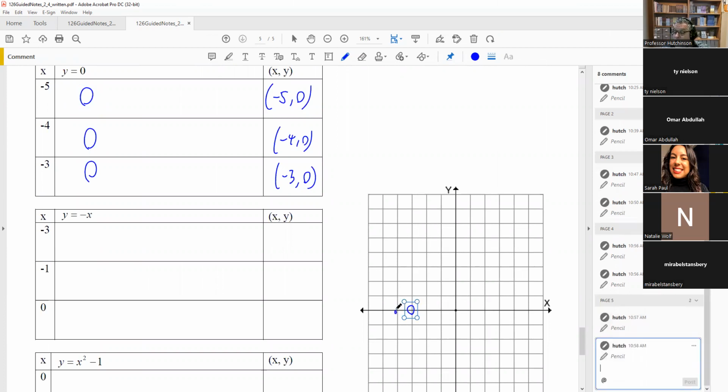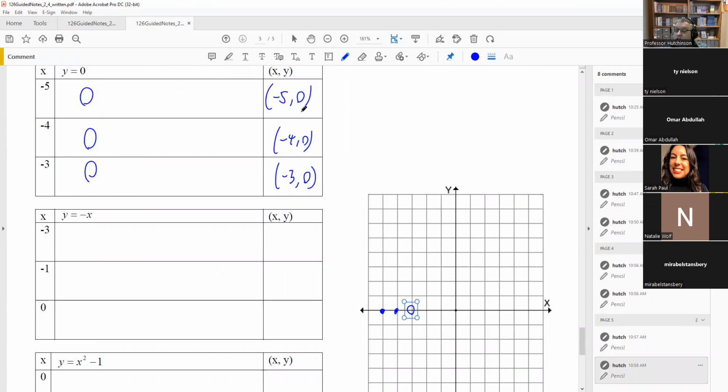Then I have negative 4 comma 0 and negative 5 comma 0, those are the other points that I have. Then I'm just going to connect these with a line, and these are all going to go to the left.